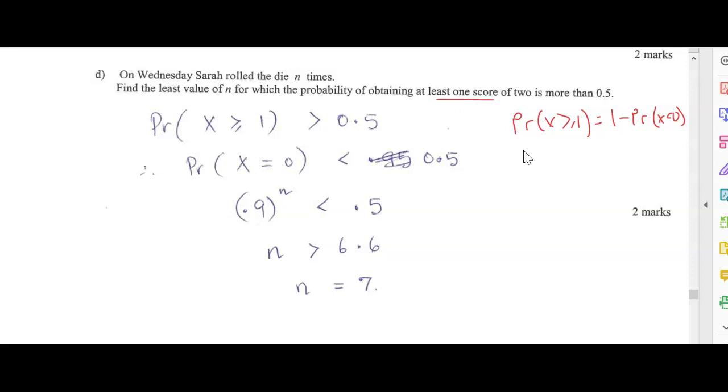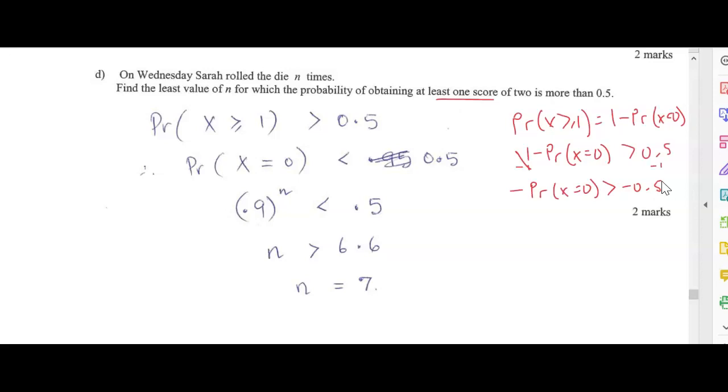All right, I'm just going to do over the side here because we should write 1 minus the probability of X equals 0 is greater than 0.5. And if I was to subtract 1 from both sides, that's going to leave me with negative probability that X is equal to 0 is greater than negative 0.5.